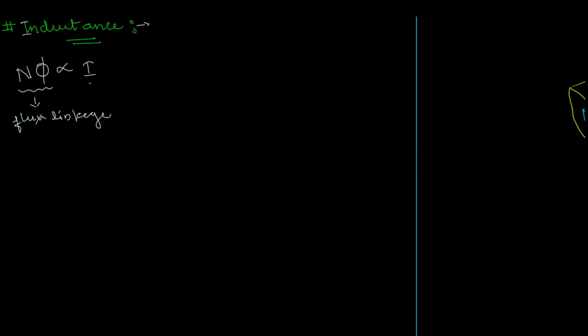Flux linkage of any coil is directly proportional to current. Anyway, I can't really call this an equation yet, because there's no equal to sign here. To complete it, we're going to need a proportionality constant.